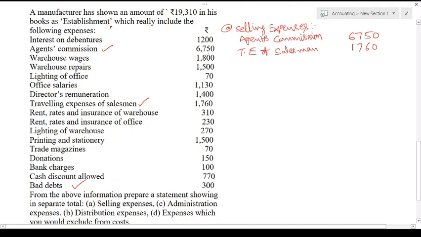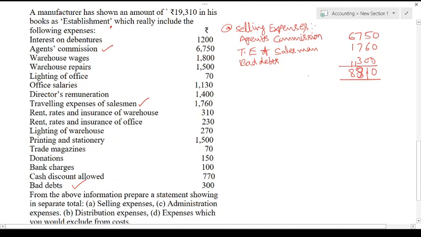And then bad debts is going to be 300 rupees. So the total is 8,810 rupees, which is going to be our selling expenses.